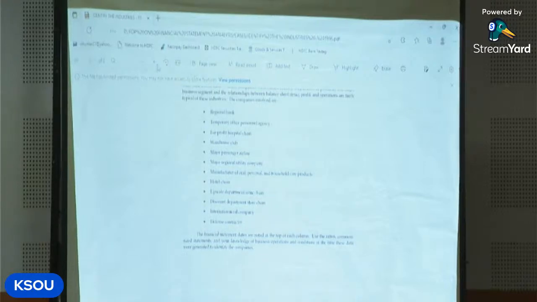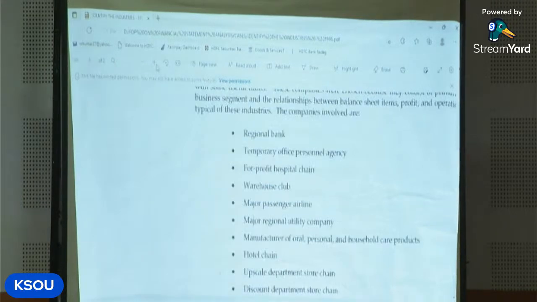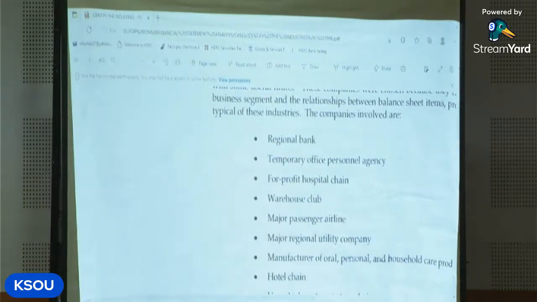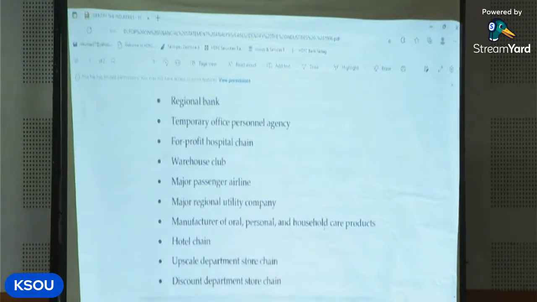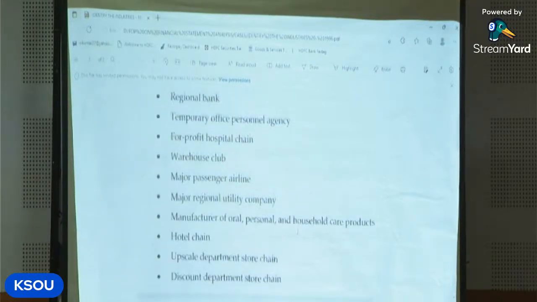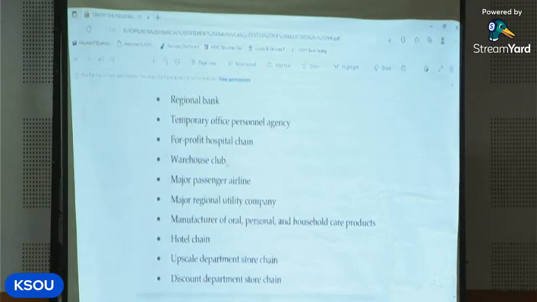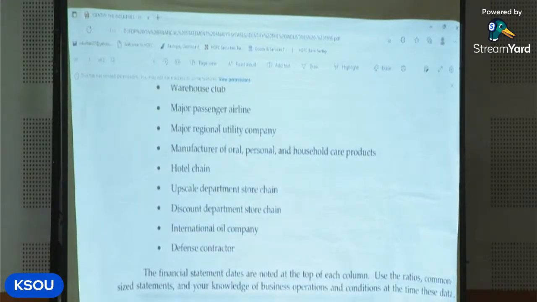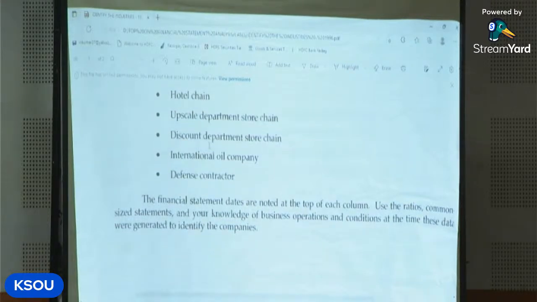In this we have, please see, a bank, an office personnel agency, a hospital, a warehouse club, like club stores, we say, an airline, a manufacturer of personal household products, a hotel, a department store chain, a discount department store chain.